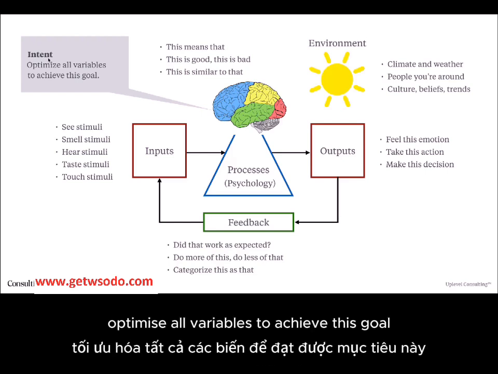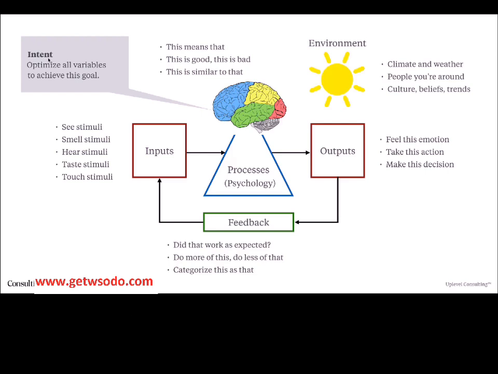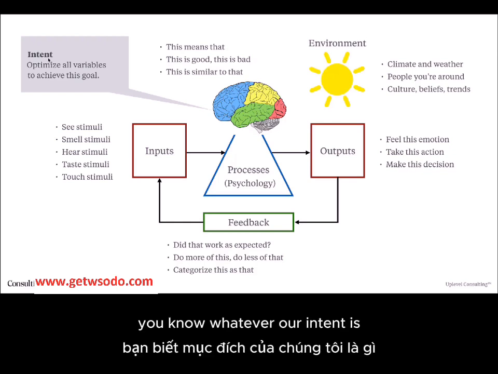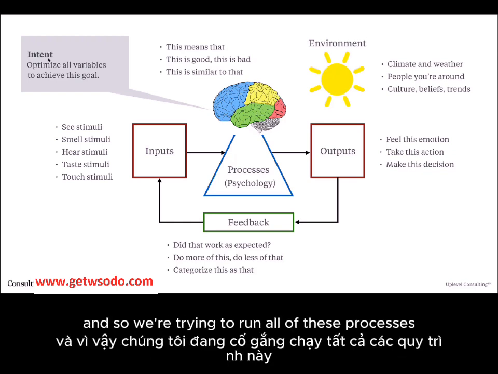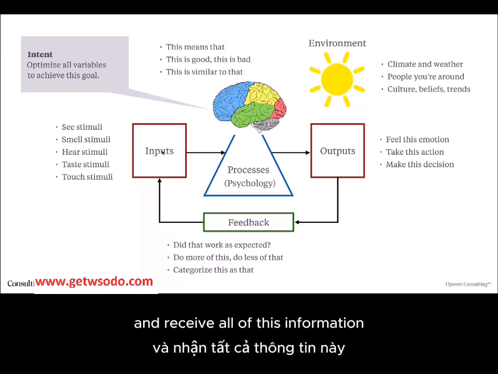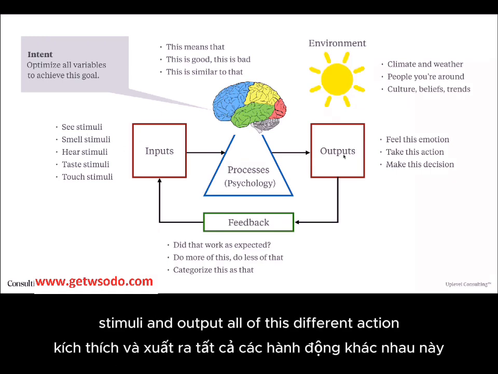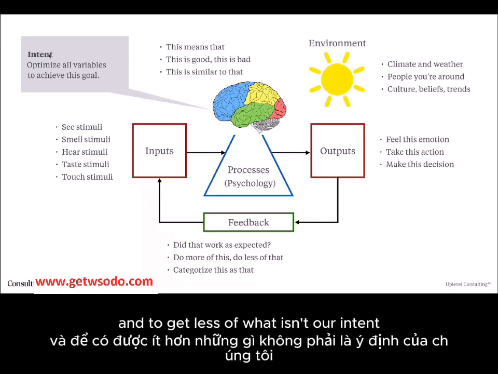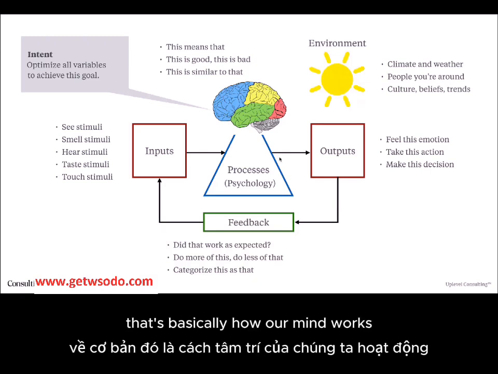And we want to optimize all variables to achieve this goal. And what we're basically trying to do is, whatever our intent is, we're just trying to achieve that. And so we're trying to run all of these processes and receive all of this information, stimuli, and output all of this different action to basically get more of what our intent is and to get less of what isn't our intent. That's basically how our mind works.